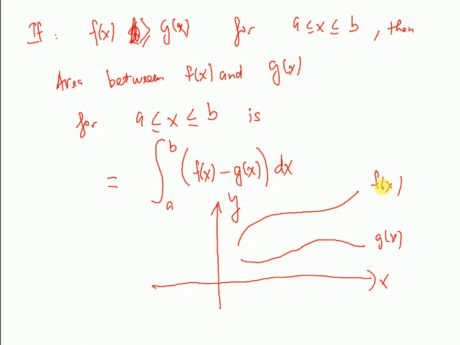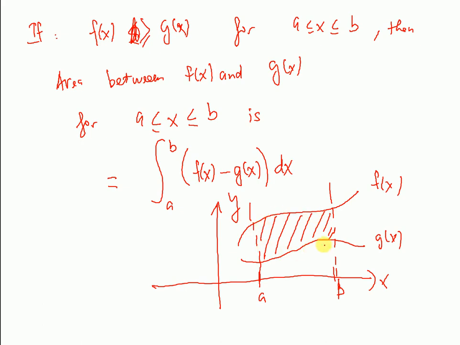F of x is bigger than g of x, so this is higher than g of x. Now from a to b, that means we are considering the interval from a to b. Therefore, the integral from a to b of f of x minus g of x is the area between f of x and g of x.